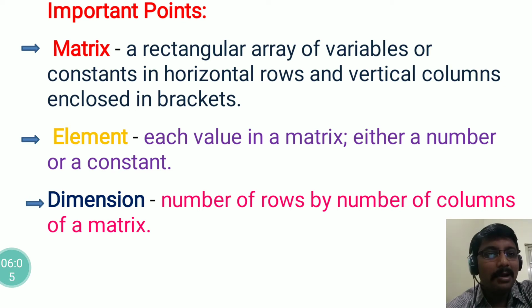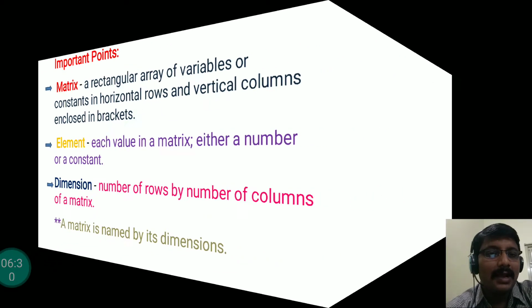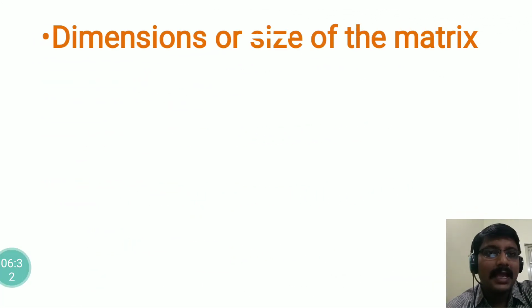Dimension: the number of rows by number of columns of a matrix is the dimension. A matrix is named by its dimensions. Always a matrix is named with its dimension. Matrix of 2 by 3, matrix of 2 by 4, matrix of 4 by 4, like this. The dimension is important.